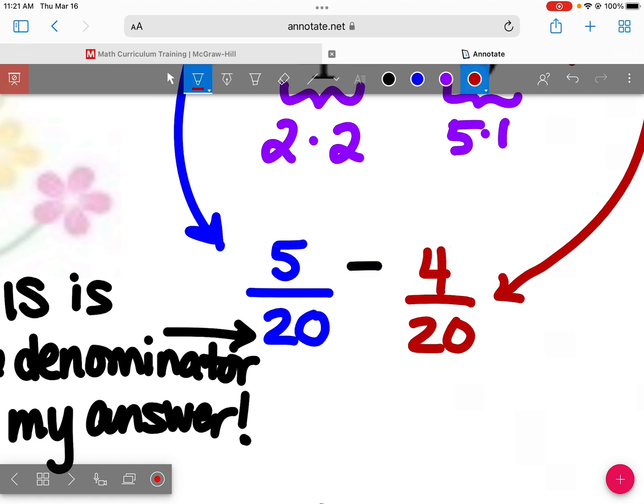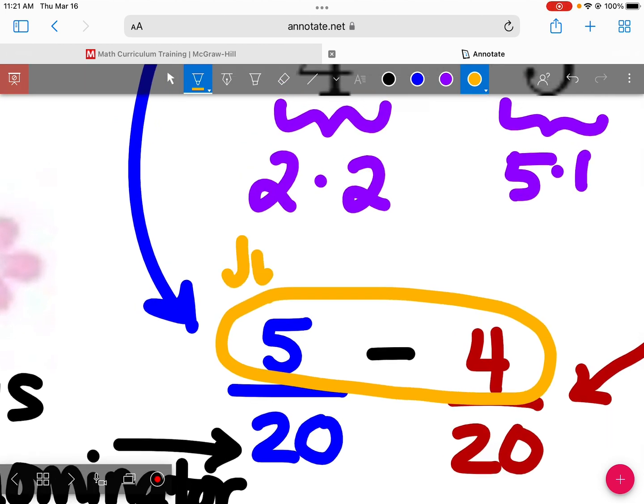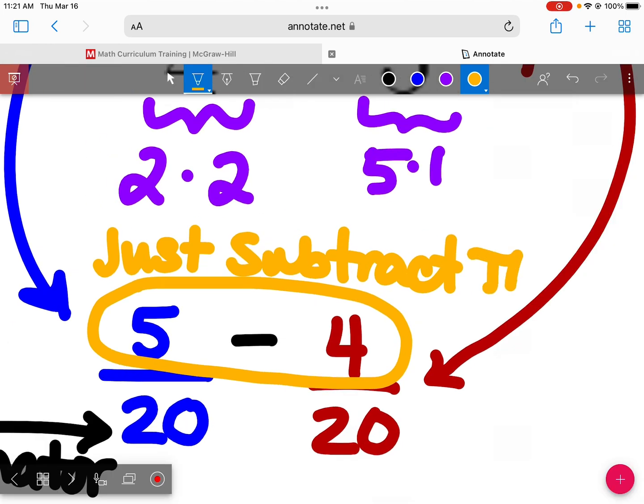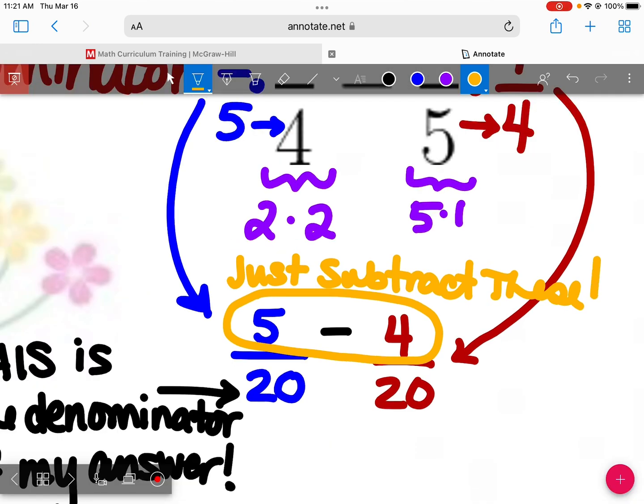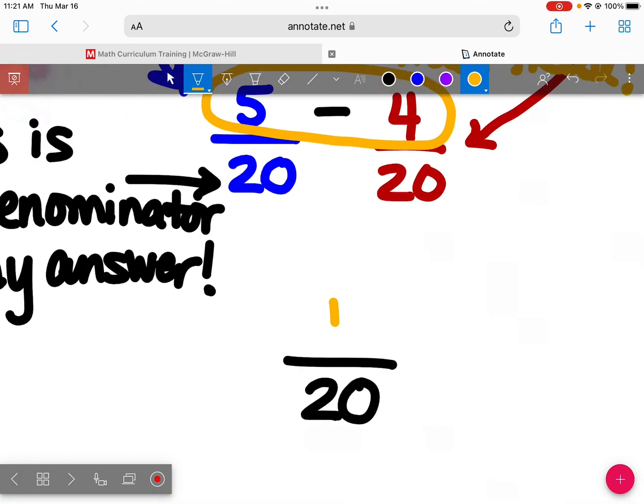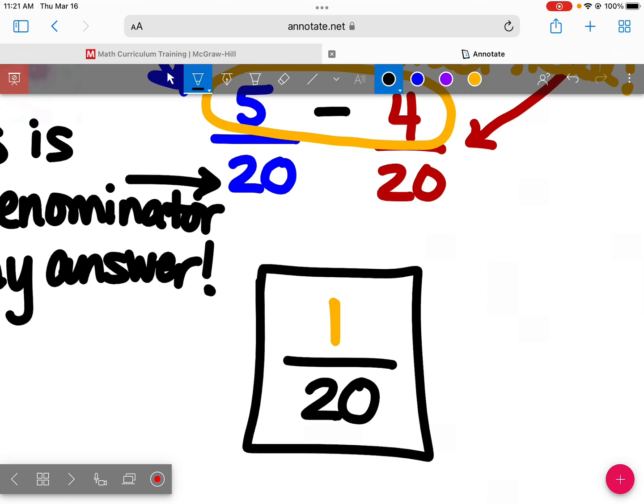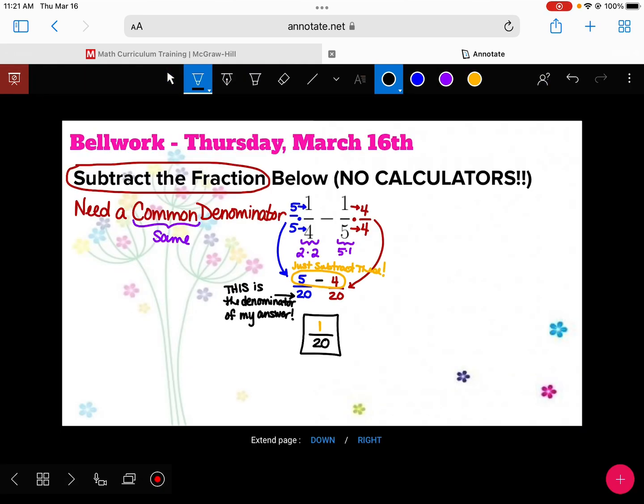And I actually do the operation, I do the subtraction with just the numerators. So 5 minus 4, and I get 1. That is my final answer here. So far, so good?